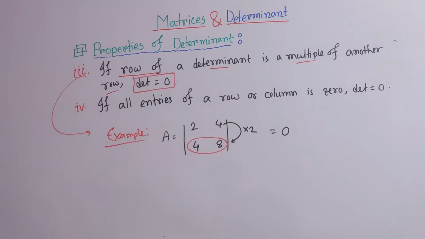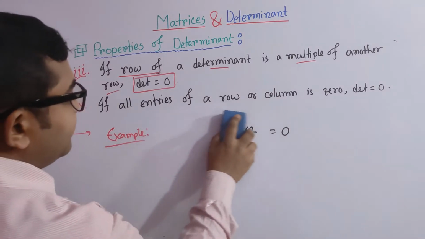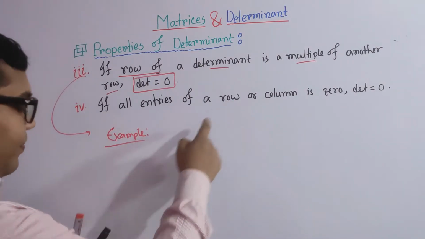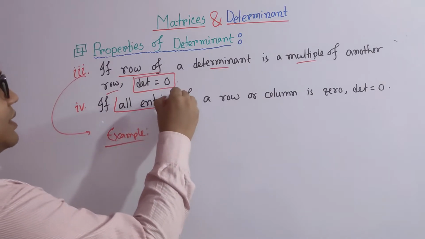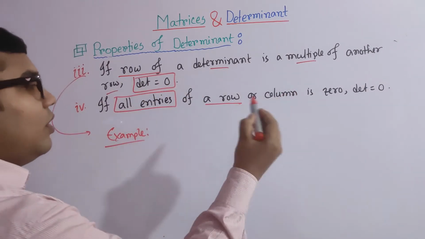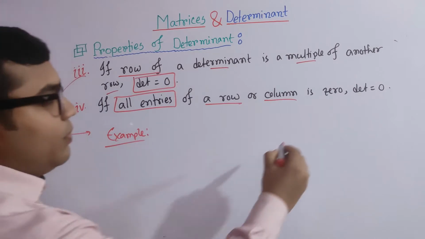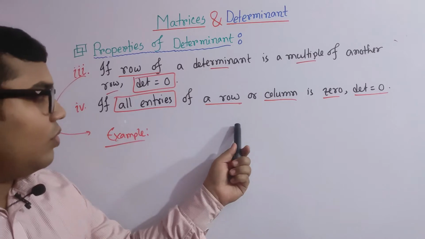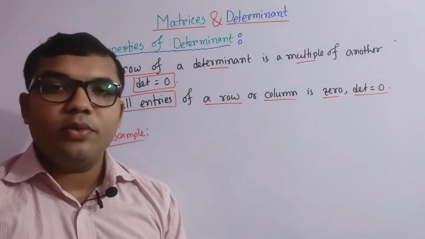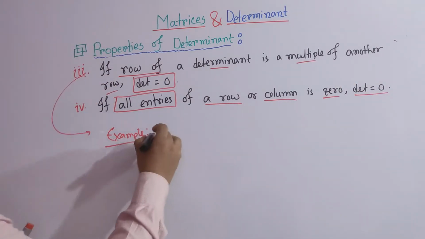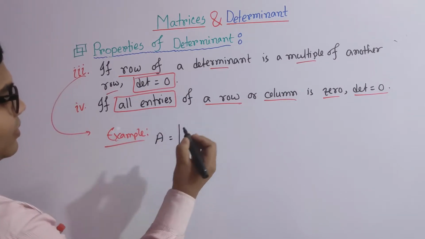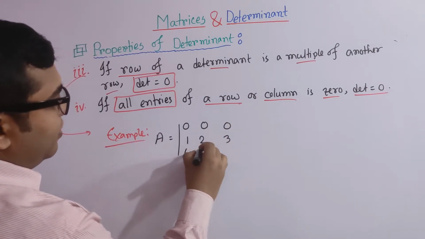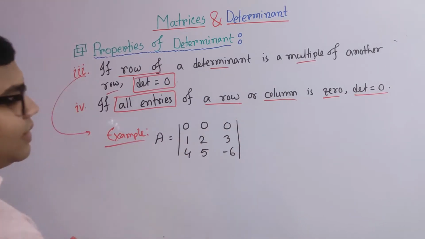And our second formula says what? The second formula says that if all the entries of a row, or it can be a column, are 0, then the determinant should be 0. How? Say for example, our determinant is suppose 0, 0, 0, 1, 2, 3, 4, 5, minus 6.